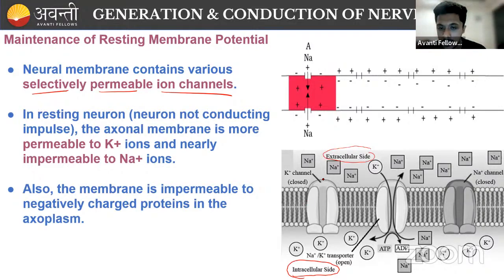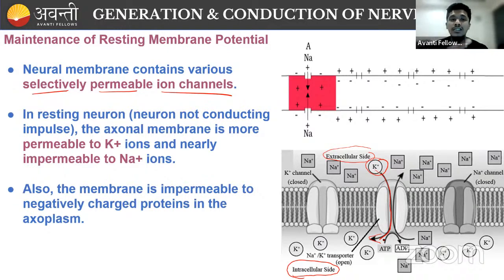So there are the selectively permeable ion gates, isn't it? When they are at rest, the potassium ions are very easily permeable into the cell. They come from outside to the inside of the cell very easily when the neuron is at rest. Is it clear? Fine. So what is not permitted?